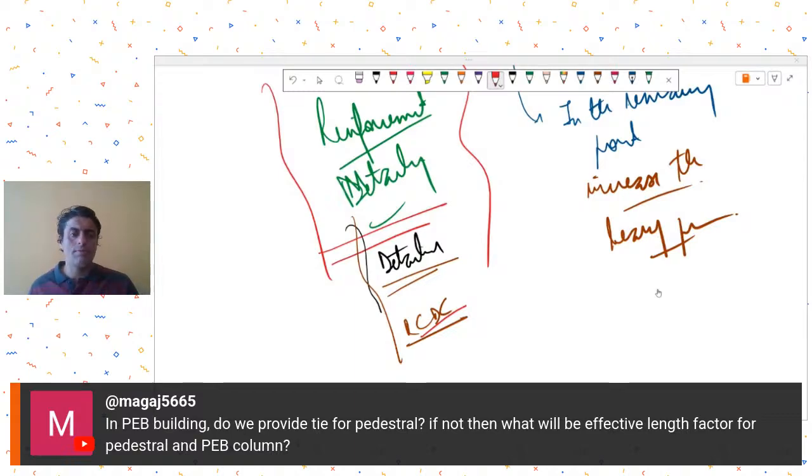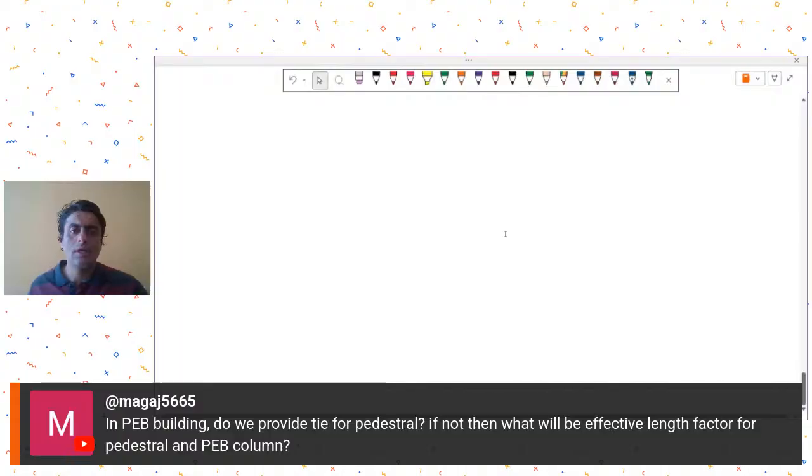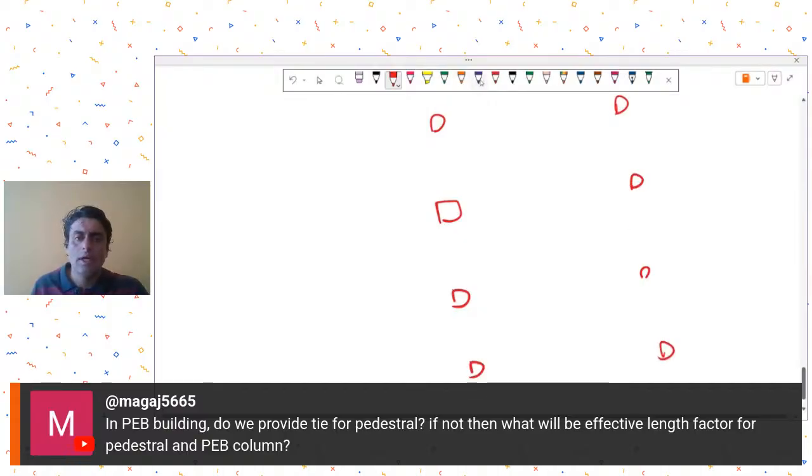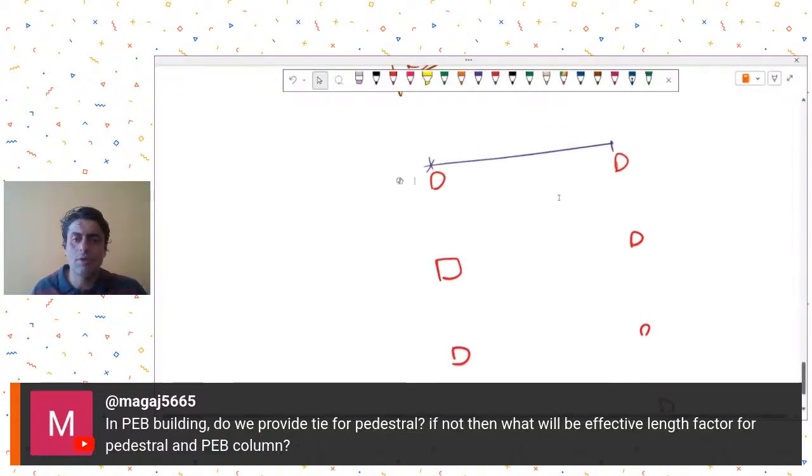Yeah, so Mr. Magal is asking, do we provide ties for pedestals? See, in a PV structure or in any shed-like structure, you have the shed width, which is the span of your structure.